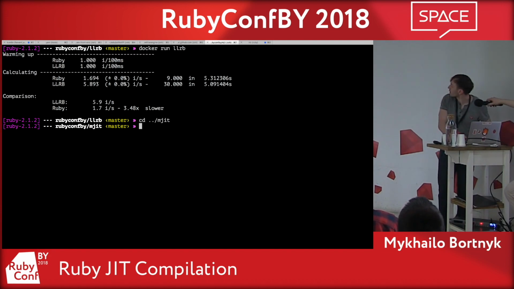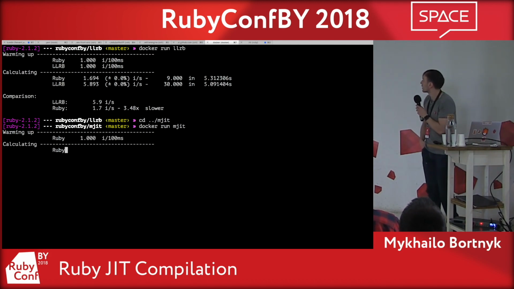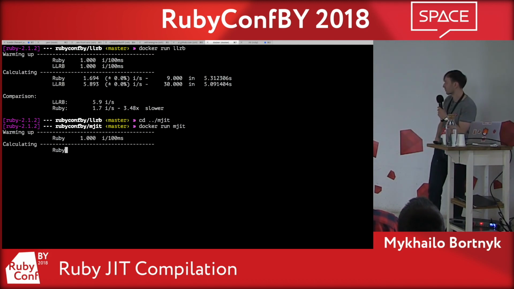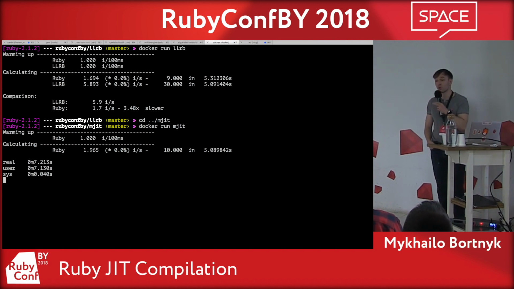And the second thing will be running a bit later and a bit slower because currently we just had the original execution. And the second thing is the implementation of just-in-time compilation, which we will have in Ruby 2.6.